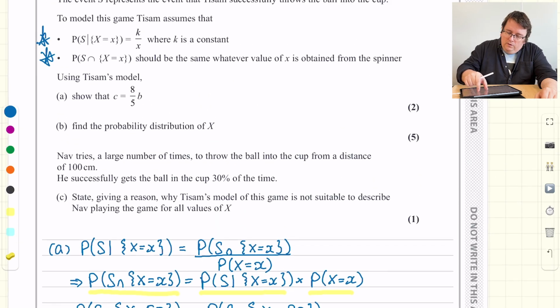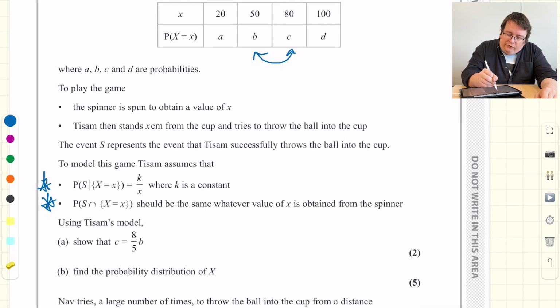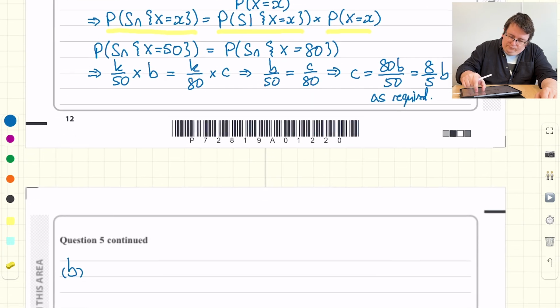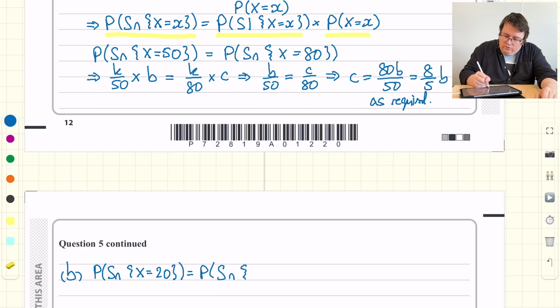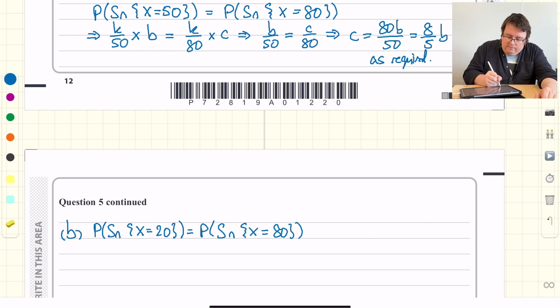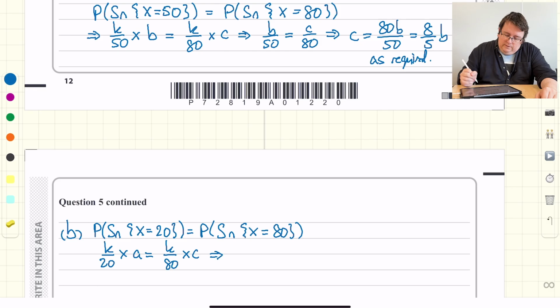So, I'm going to use the same methodology here to write C in terms of A and D. Now, the x value for A was 20. So, using the fact that the probability of S intersection x equals 20 will also be the same as the intersection with x is 80, we can say that k over 20 times A is equal to k over 80 times C. So if I divide through by k, multiply by 80, then C is going to be 4A.